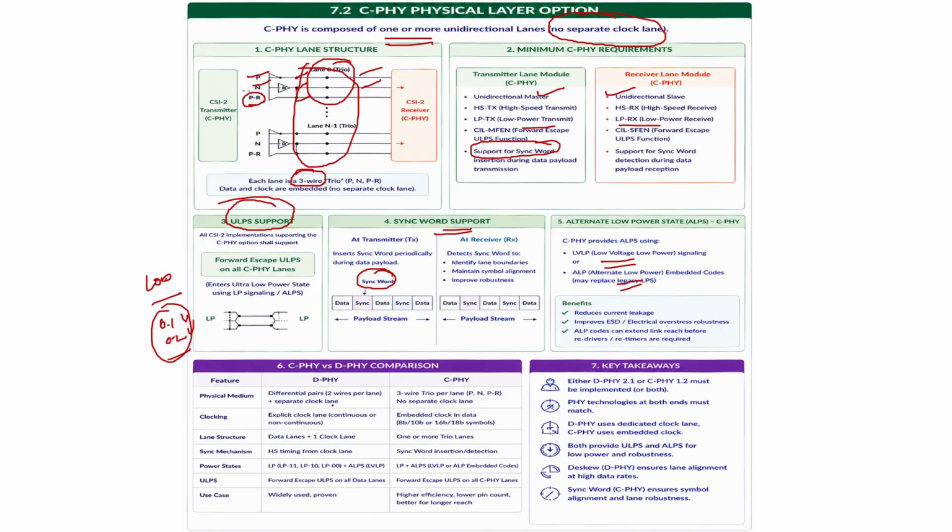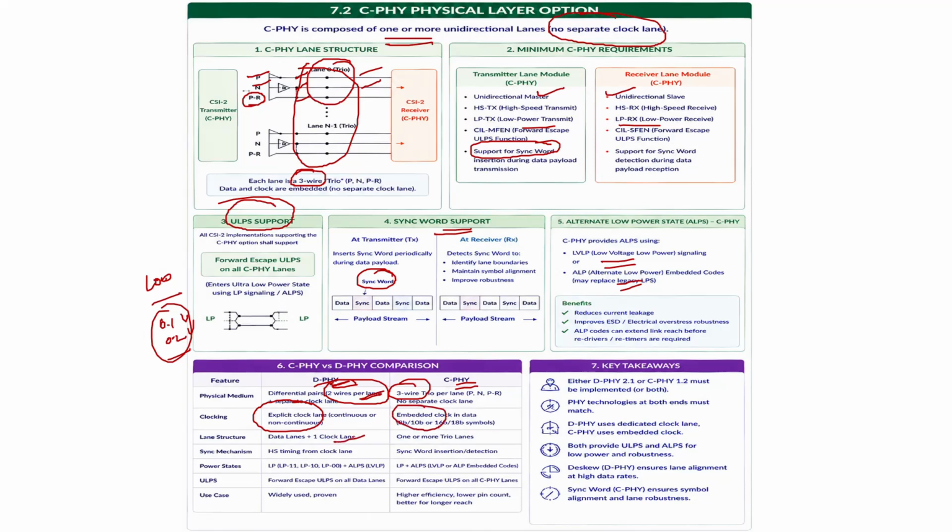Fine. See, these are the differences between the D-PHY layer and C-PHY layer. Here two wires are used and here three wires are used. That means each lane uses two wires in one and three wires in the other. And there is an explicit clock here and an embedded clock there.